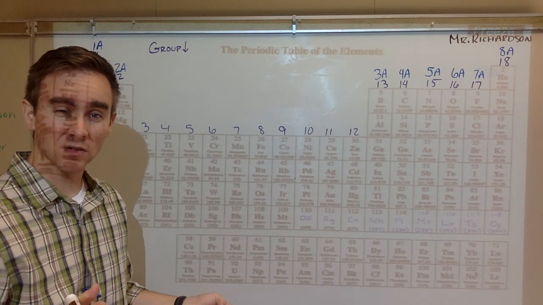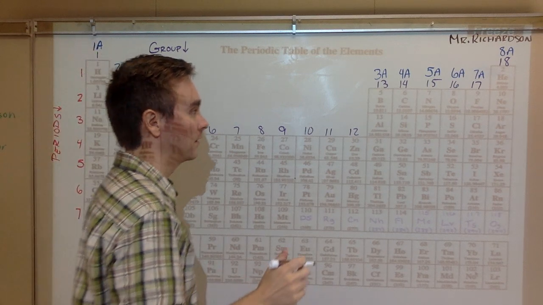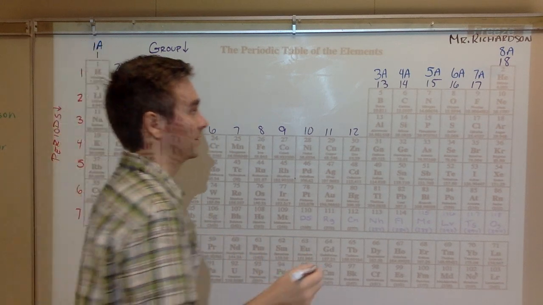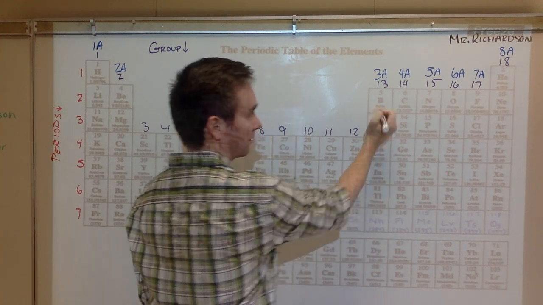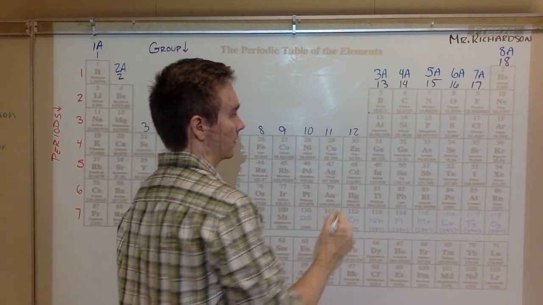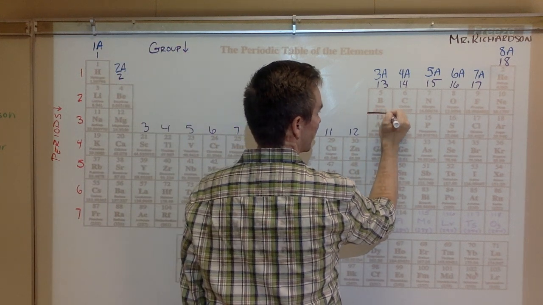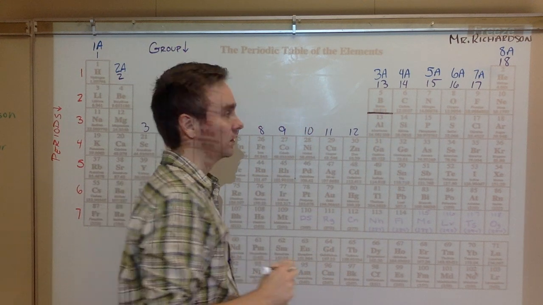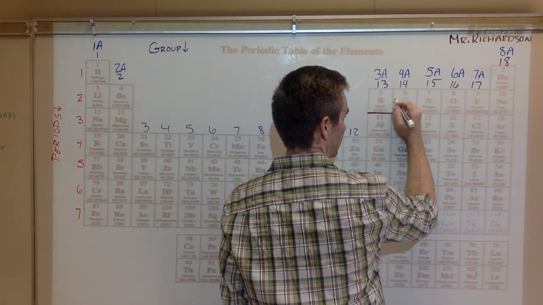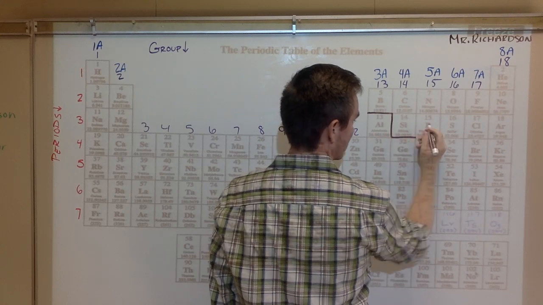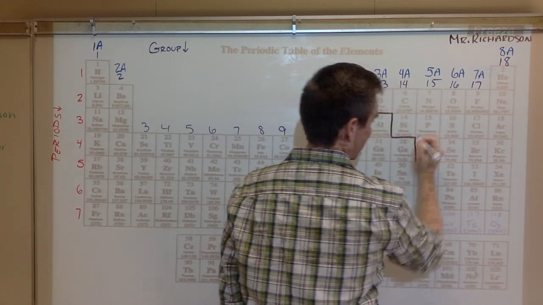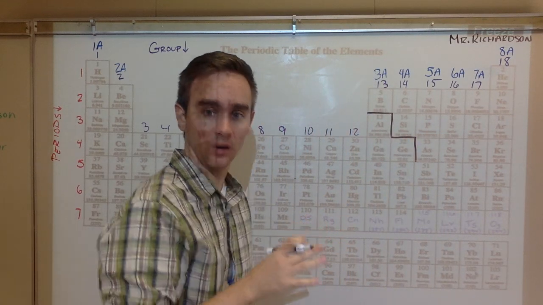You might want to do this in pencil first, just in case you mess up. It's going to start from underneath boron, which is number 5. We're going to draw a thick line. And then you're going to go down between aluminum and silicon. You're going to start drawing a staircase. Again, pause it if you need to look at what I'm doing.